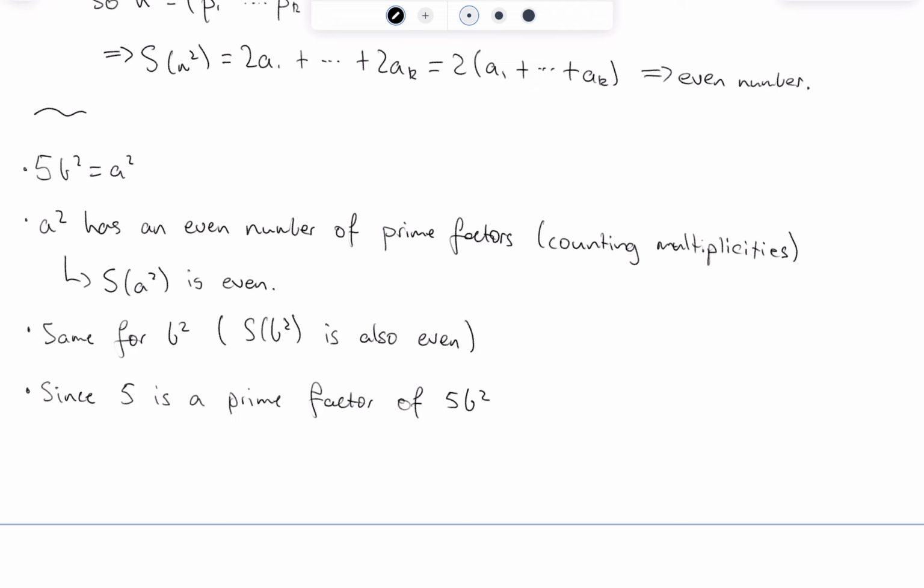So we started with an even number of prime factors in b squared. You're multiplying that value by 5. That adds one more. So maybe one of those prime factorizations was already 5, but you're adding one more to that tally of that power. So whatever the value of S of b squared is, you add 1 to that for S of 5b squared.